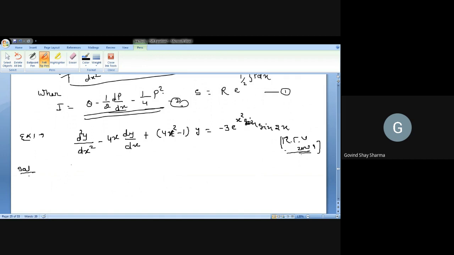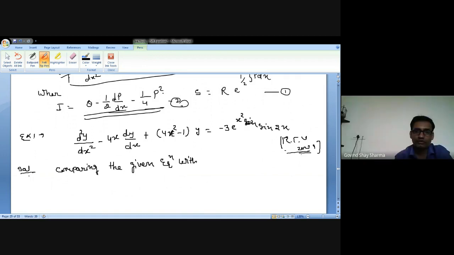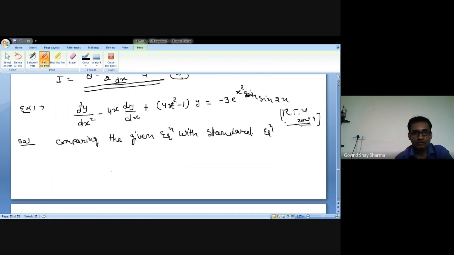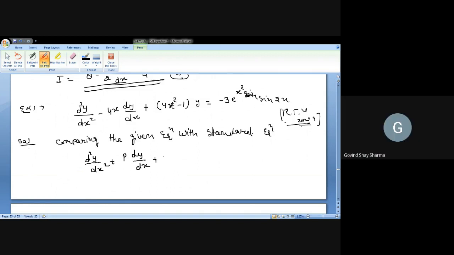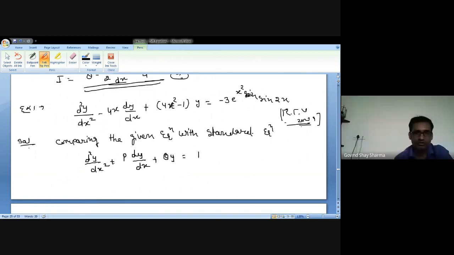For solution, comparing the given equation with the standard linear equation, d2y dx2 plus p dy upon dx plus qy is equal to r.